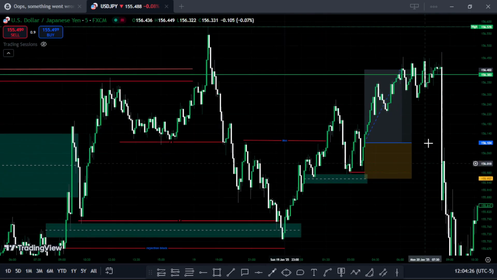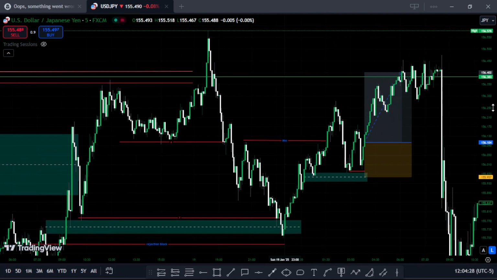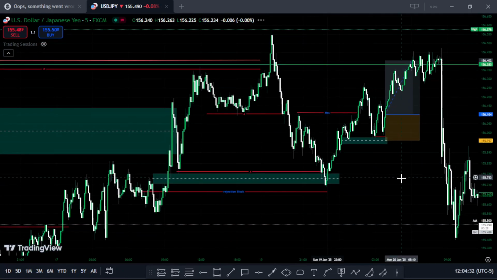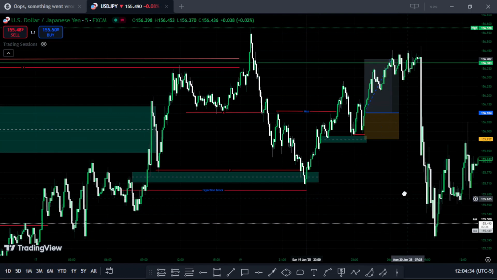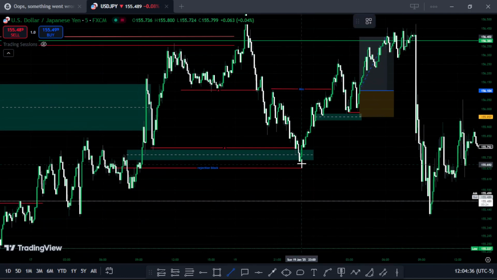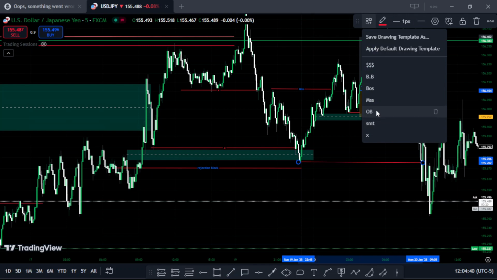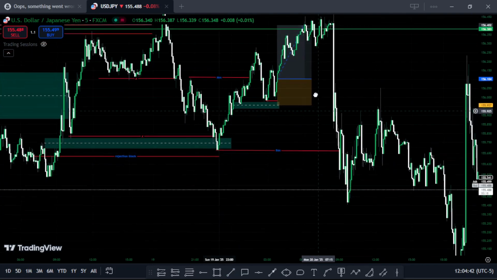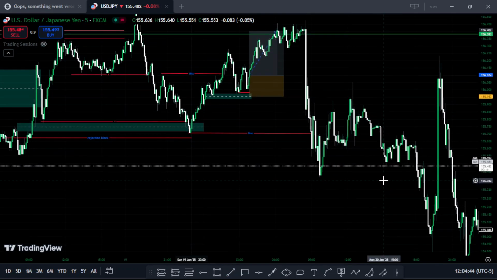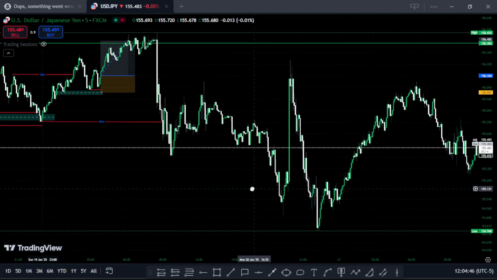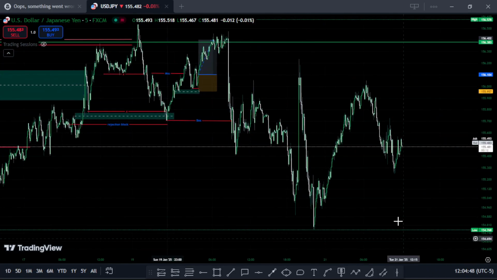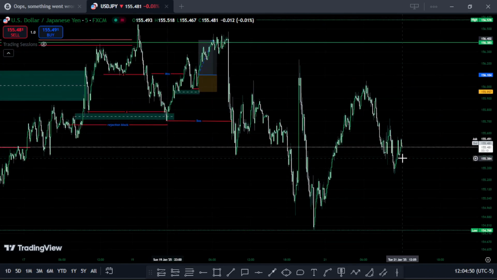I want you guys to see what price did immediately after I took my take profit. Price immediately dropped so hard and even broke our low that was supporting over here, being our break of structure, and it started dropping and dropping, and even right now it's still dropping.